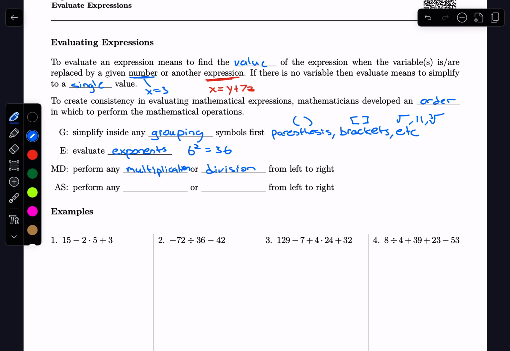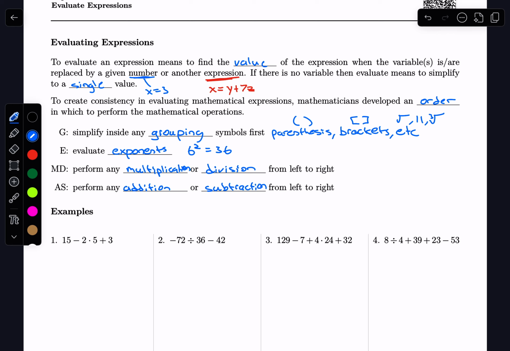Okay, so these are just guidelines to make sure we're all performing things correctly. But the deeper you go into math, the more you're going to learn that there are shortcuts and ways where you can break these rules. So guidelines. All right, and then A and S, we're going to perform any addition or subtraction. So addition or subtraction, and again, we're going to do that from left to right.